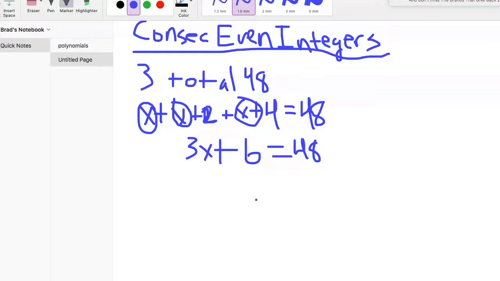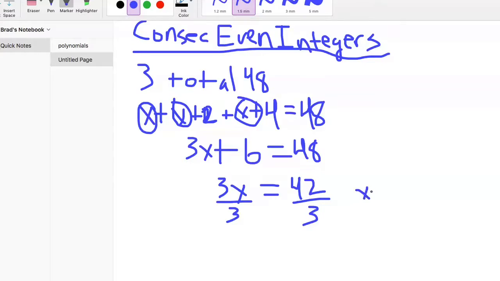If we subtract 6 from both sides, that'll leave us with, get that x by itself like we're always trying to do, 3x equals 42. Divide each side by 3 so that we don't have that annoying 3 right next to the x. 42 divided by 3 is 14. x equals 14.